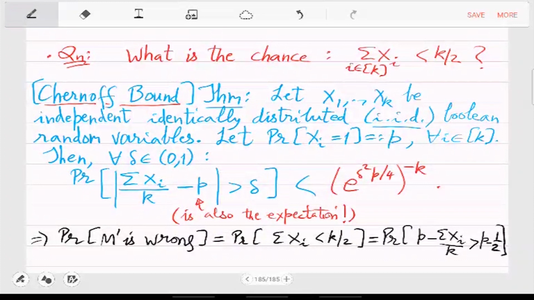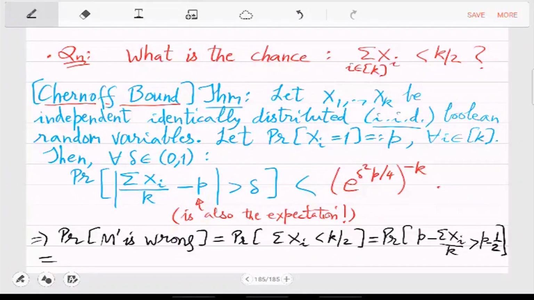Sigma xi by k less than half means that the difference from p is large. And what is p in our application? In the theorem statement, p was just above half by an inverse polynomial.